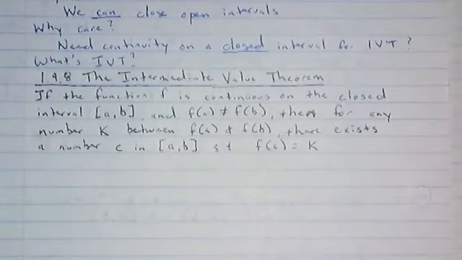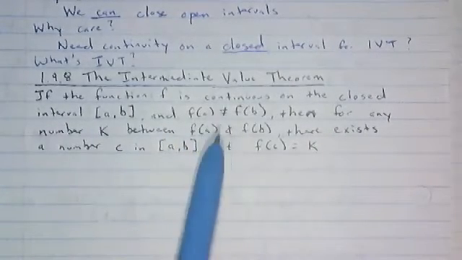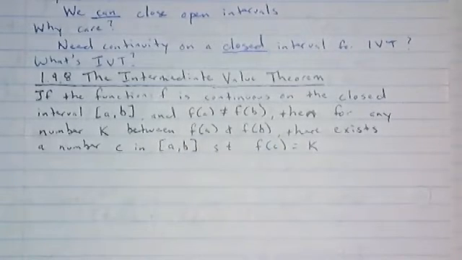So if the function f is continuous on the closed interval A to B, and if K is chosen to be between the function values f of A and f of B, then there exists a number on that interval that's going to produce that K value.